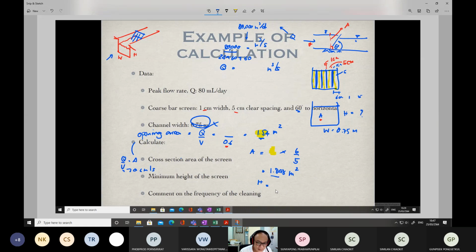And finally, you will get 1.848 divided by 0.75. So the height would be 2.464.